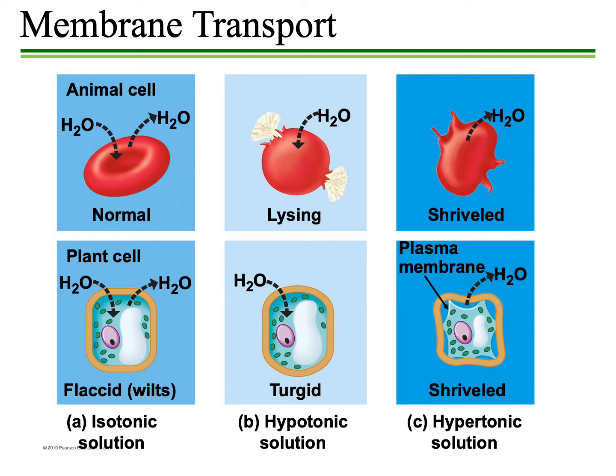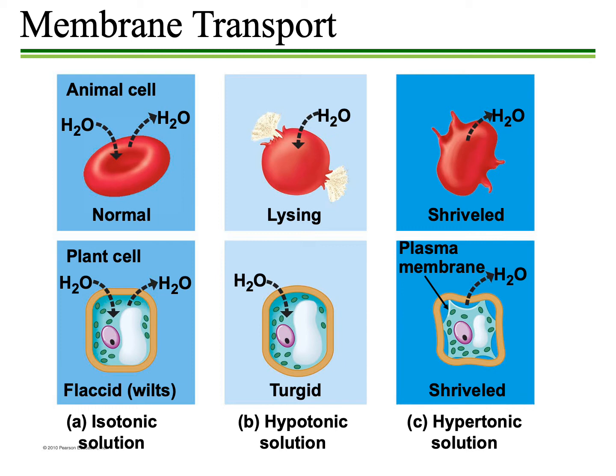Now, in this case, water is permeable to the membrane, but the solute usually involved in these situations is not, meaning it cannot pass readily through the membrane. So again, when you compare two solutions, you're going to use the terms hypertonic and hypotonic together.